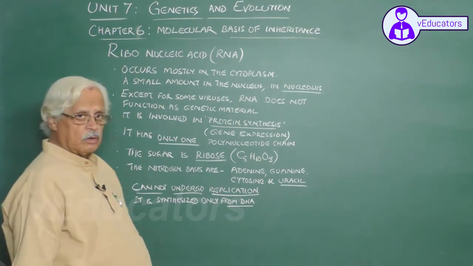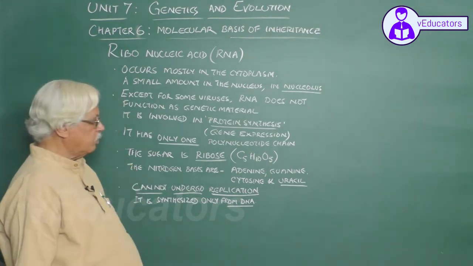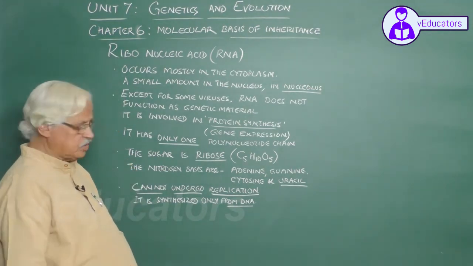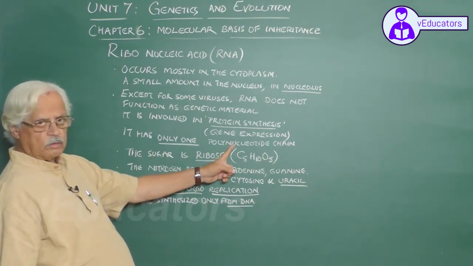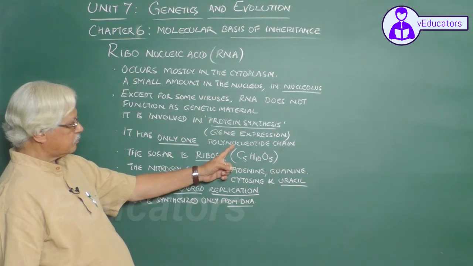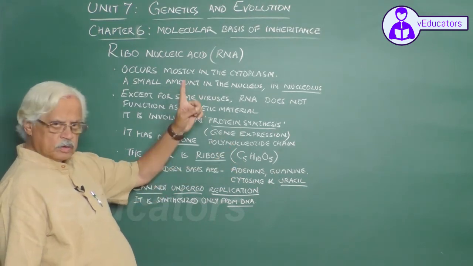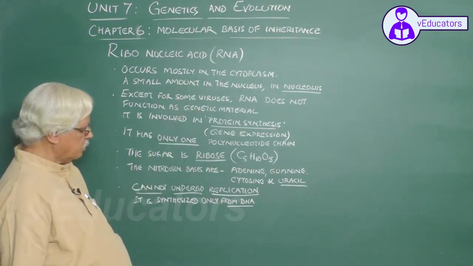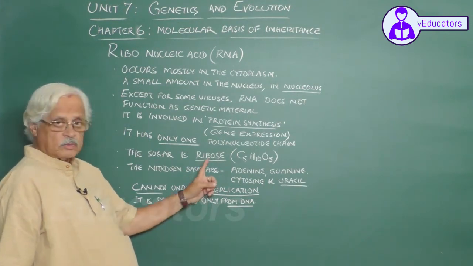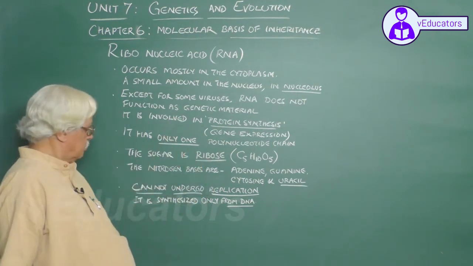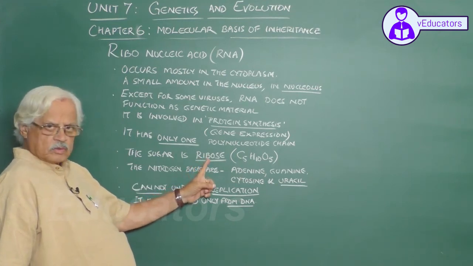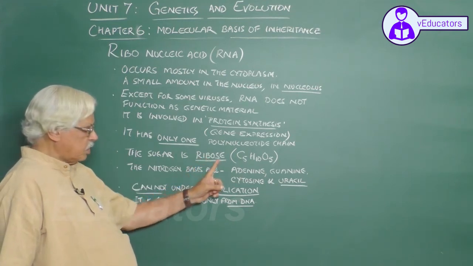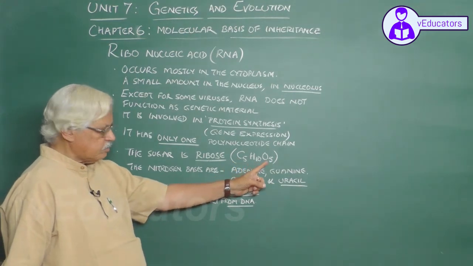In the DNA molecule, there are two polynucleotide chains coiled around each other, but in the RNA molecule there is only one polynucleotide chain. The sugar in the DNA molecule is deoxyribose C5H10O4. Sugar in RNA is ribose, a typical pentose sugar, C5H10O5.